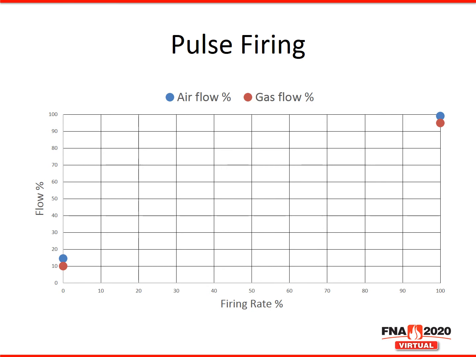As an example, let's say the cycle time is 16 seconds. At 50% firing rate, we'll have the burner at high fire for 8 seconds and at low fire for 8 seconds. Since a ratio regulator is being used, the efficiency of this system is good. There's minimal excess air being introduced in this system.